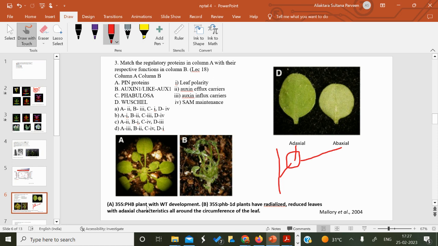So with dominant mutations of fabulosa, dominant meaning more of fabulosa, what happens is that both the surfaces become adaxial. There will not be adaxial and abaxial; both surfaces will turn into the adaxial side.